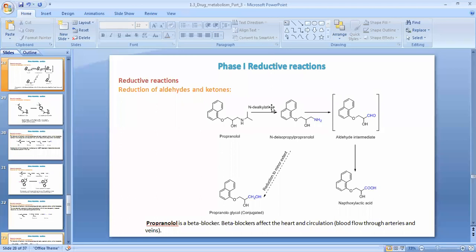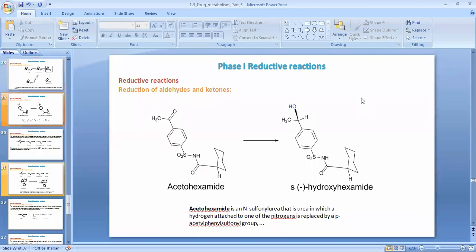Now, what is the category of the propranolol drug molecule? It is used as a beta blocker for the treatment of heart attack and other artery and vein-related diseases, cardiovascular problems. Now, this was the example containing an aldehyde functional group.